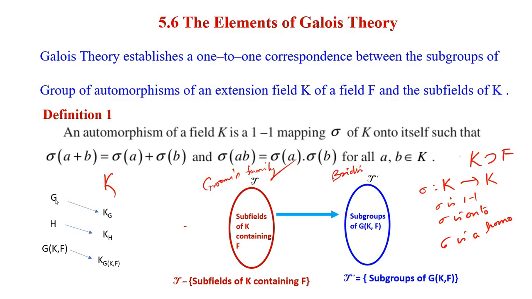The bride's family starts with G, the collection of all mappings which are one-to-one, onto, and homomorphism. In this section there will be a lot of terminologies and notations that we keep using. Once you understand which letter is used to represent what, and you have the basic idea, following the theory is very simple.